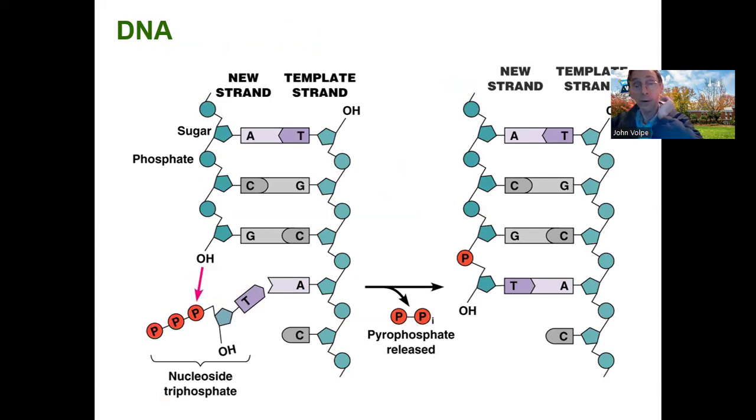All right, so I mentioned before that the DNA polymerase binds to the template strand here and sees an A there, and then adds a T to the new strand. How that happens is this will be a nucleoside triphosphate that's added, so this would be thymine triphosphate.